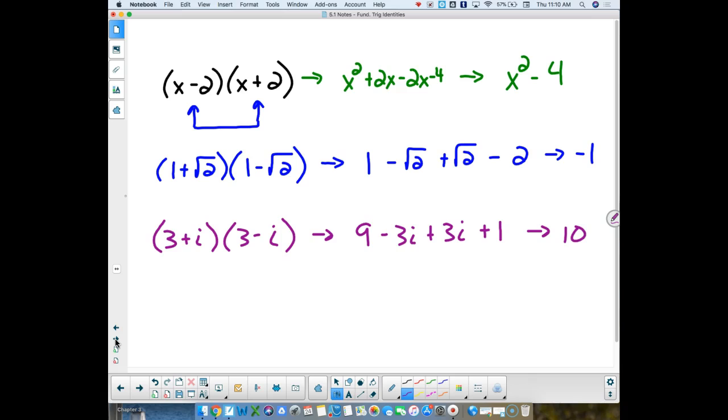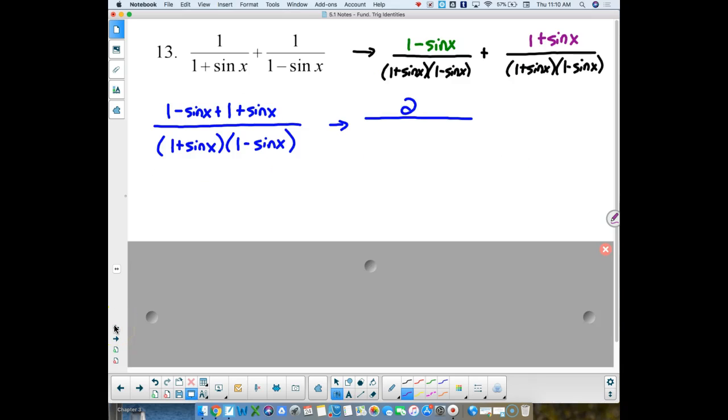Okay? So those are called conjugates. What can you tell me about 1 plus sine and 1 minus sine? They're conjugates, so that middle term's going to disappear. So this is going to become 1 minus sine squared of x.